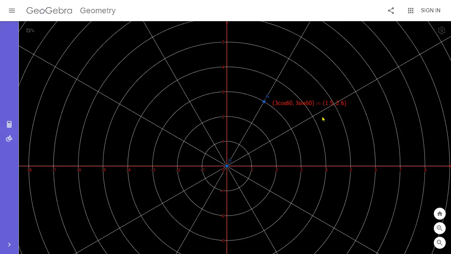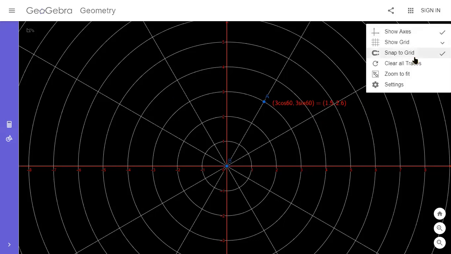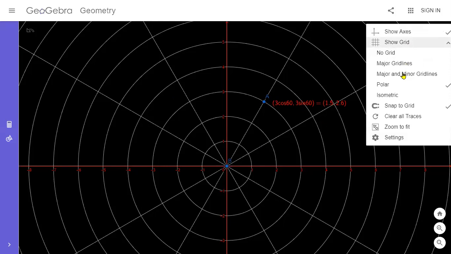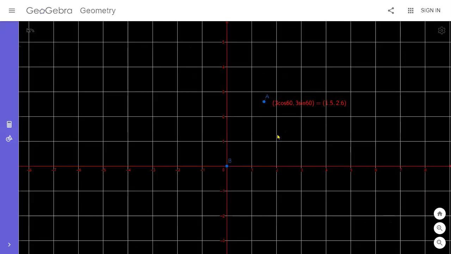Let me change this polar coordinate into the corresponding Cartesian coordinate, and then we will observe the same point. Here this is the Cartesian coordinate system. Here the different grids are written, and each grid has the unit of 1 unit. This is the location of this point A on this Cartesian coordinate.